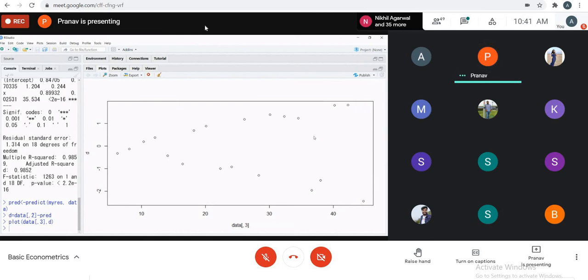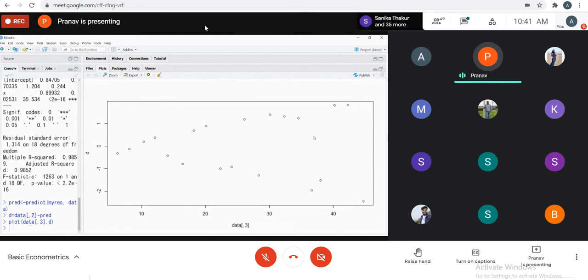We have not done any formal statistical test so far. So the first thing that we do as a model diagnostic check is always plot the residuals. In this case, we just plotted the residuals against the explanatory variable to see whether there is any change in the variability pattern of the residuals with changes in the explanatory variable.